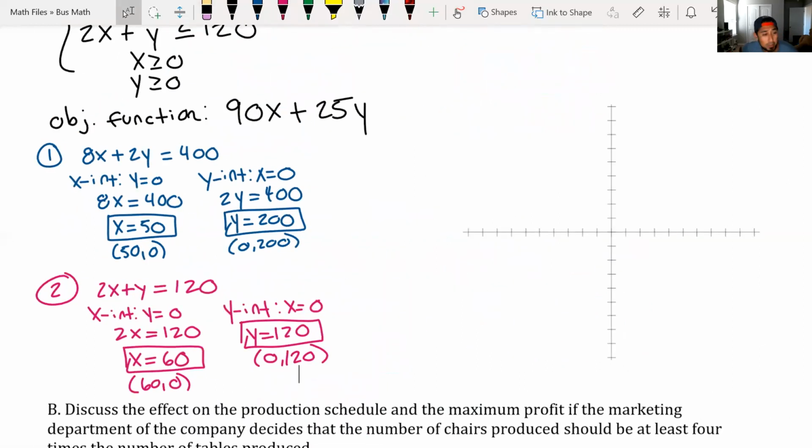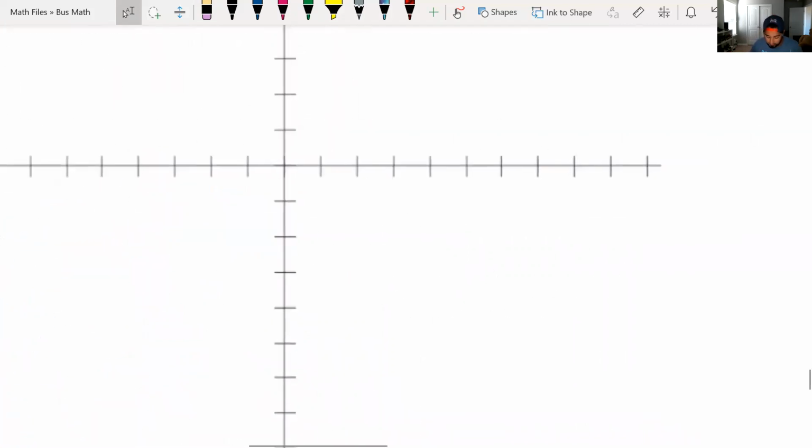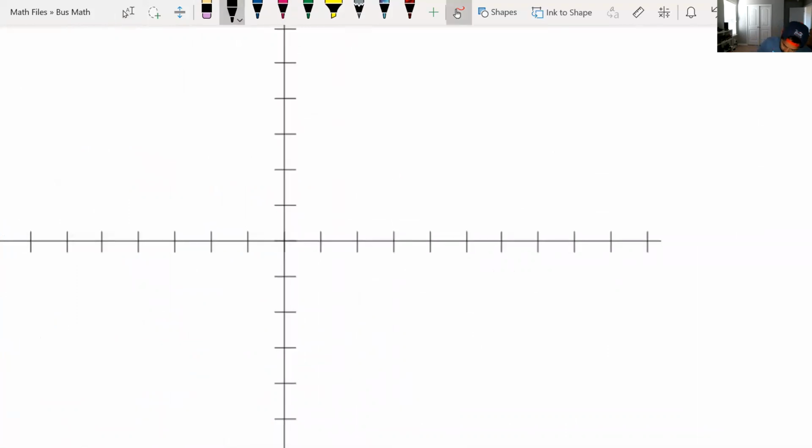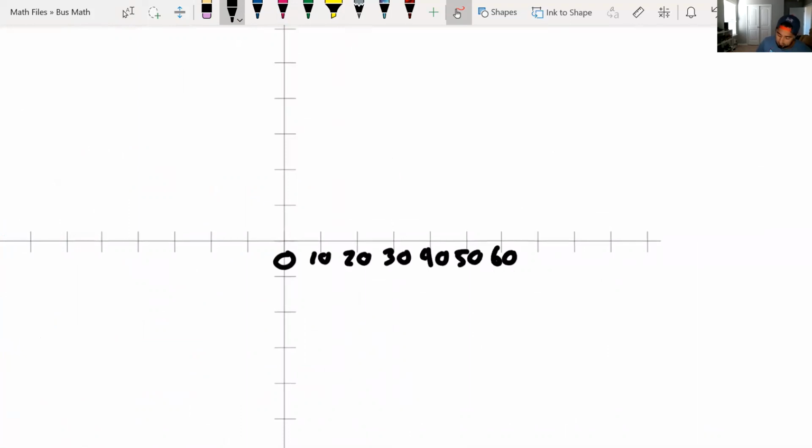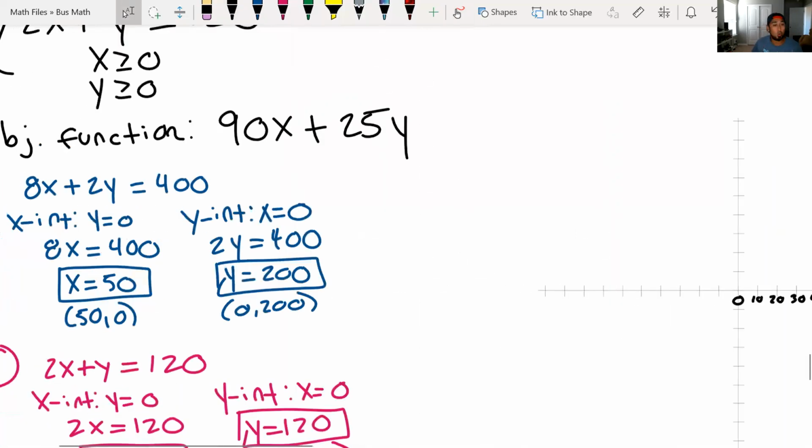Let's make our intervals appropriate. X is 50 and x is 60, so we can go by tens for my x values: 0, 10, 20, 30, 40, 50, 60, 70, 80, 90, 100. And then y values are 200 and 120.